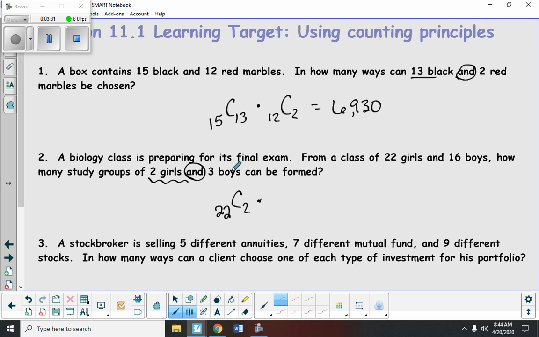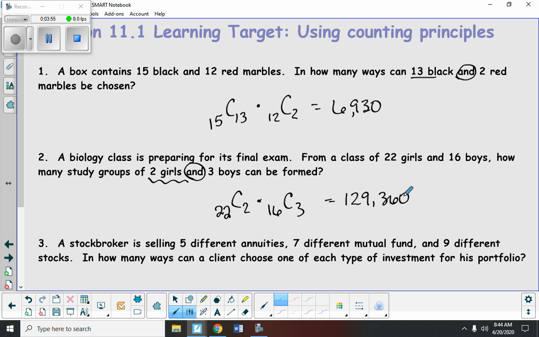We're going to choose 3 boys from 16. So 16 choose 3. So 22 choose 2 times 16 choose 3. That gives you 129,360 different ways that that group of 2 girls and 3 boys could be formed.